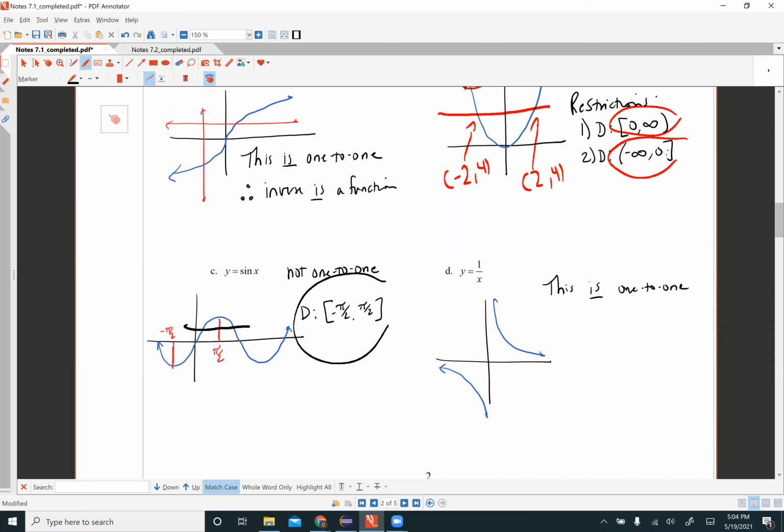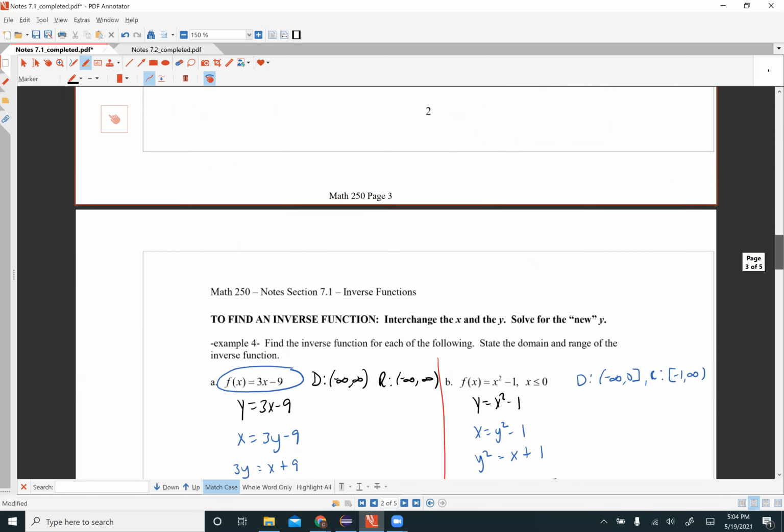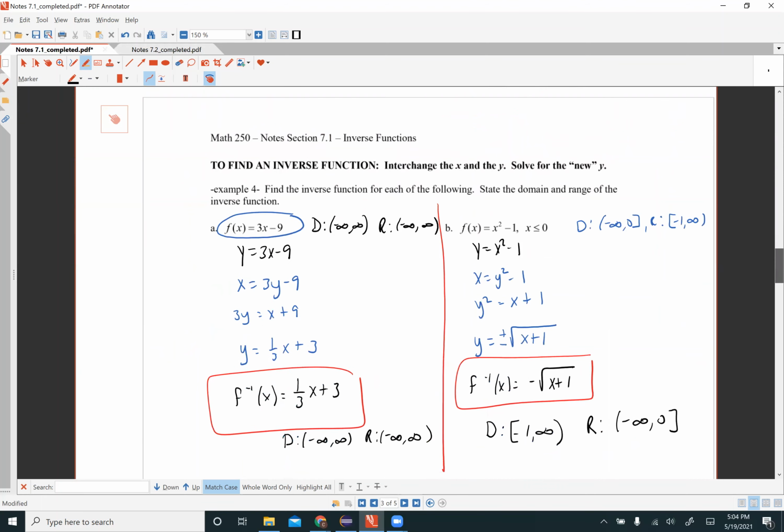Again, y equals x is 1-to-1. You can draw a horizontal line through any point of the graph and it only intersects one point. And how do you solve for the inverse? We just exchange the role of x and y, and then solve for the new y. There's an example right there: f of x equals 3x minus 9.